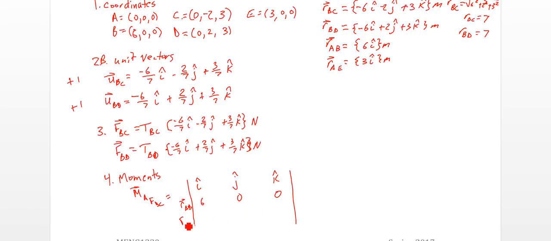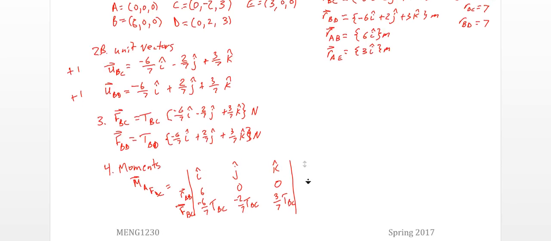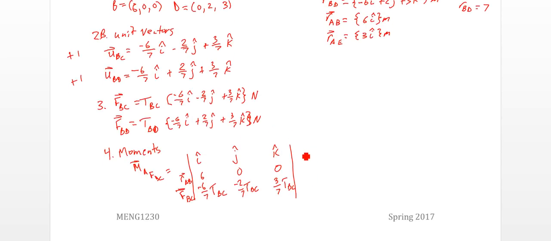And our force BC is up here: negative 6/7 tension BC, negative 2/7 tension BC, and 3/7 tension BC in k. I'm going to add my first column over again here, 6 and negative 6/7 tension BC.